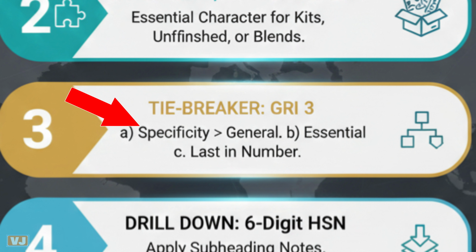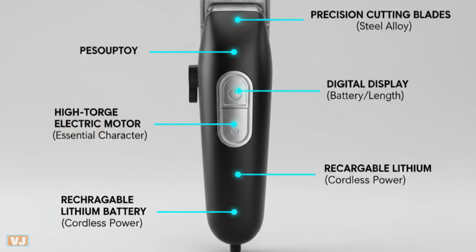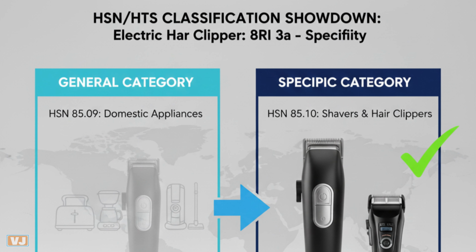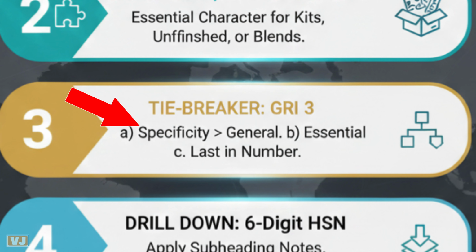If we take the example, an electric hair clipper fits under domestic appliances, heading 8509. But it is more specifically described under another heading, shavers and hair clippers, which is 8510. Obviously, 8510 wins. This is specificity. The second sequential step in GRI 3 is the essential character.